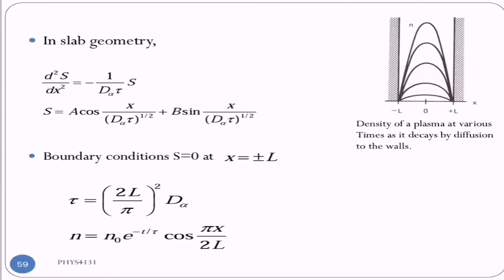The density distribution is a cosine and the peak density decays exponentially with time. The time constant tau increases with L and varies inversely with the value of D.